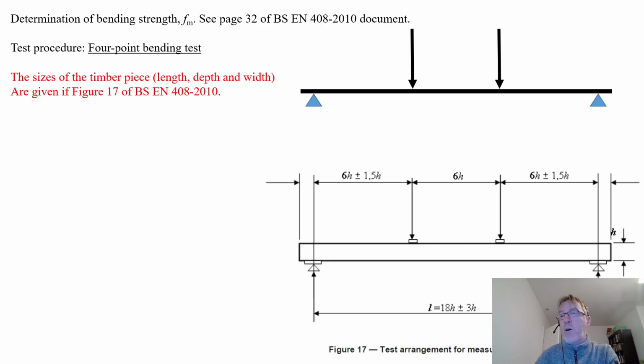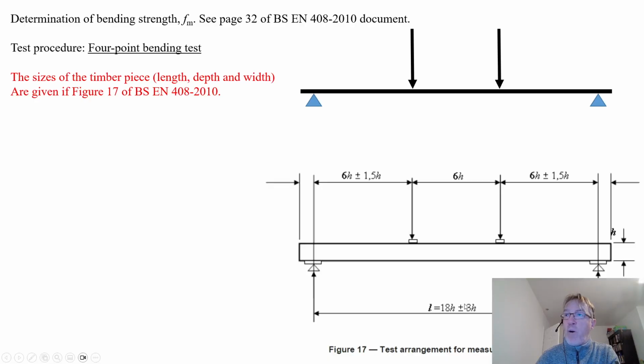And so according to figure 17 of BSEN 408, this is the criteria that we have. The length of the supports should be 18 times h. H is the height of the member, and h should equal the breadth as well, I may add.